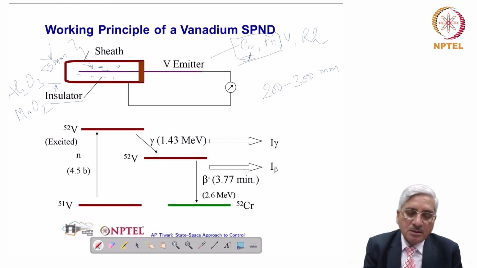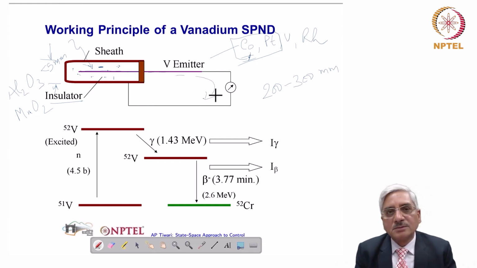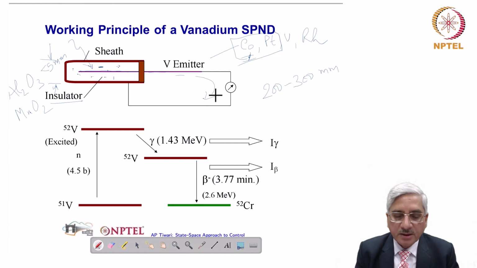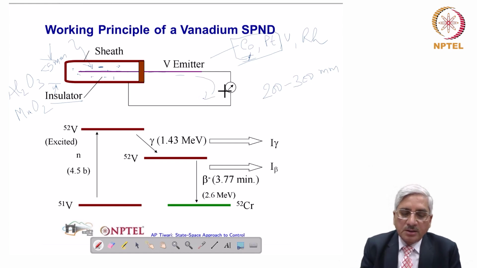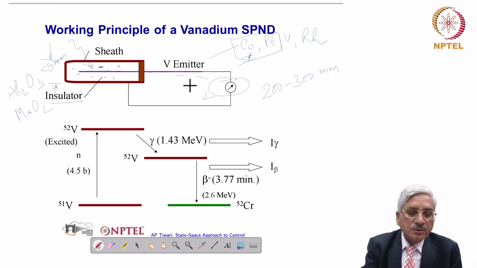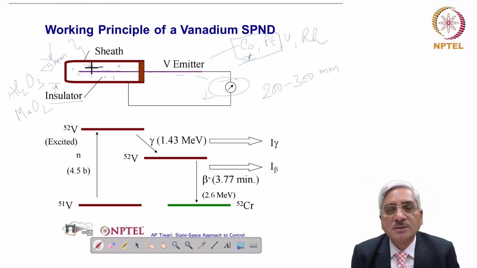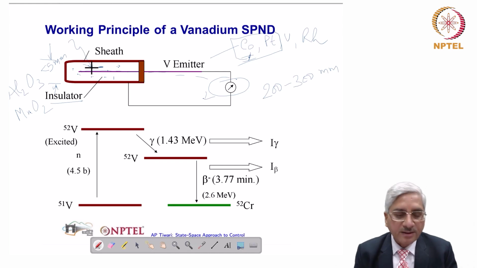These electrons, if harnessed properly, give rise to a current, and so this emitter current is proportional to the number of neutrons which are entering and causing interaction with the cobalt or platinum detector.